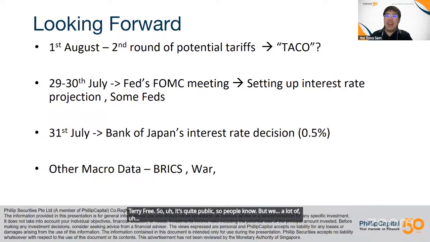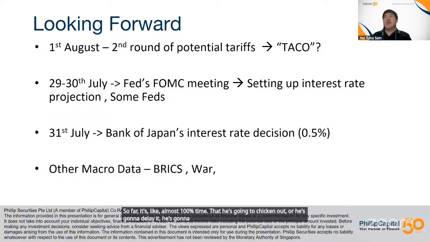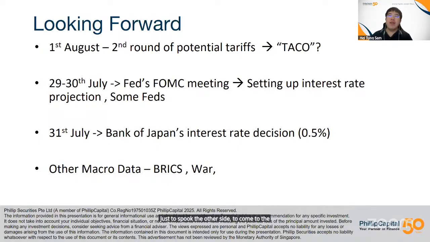A lot of analysts and market participants are starting to think whether it is priced in, or not priced in fully, because people understand that even if Trump goes along with the tariffs, there is a high chance, so far almost 100% of the time, that he's going to chicken out or delay it. He's going to postpone it. His whole idea of tariffing crazy amounts will most likely be a way, for a short time, to spook the other side to come to the table with a deal.